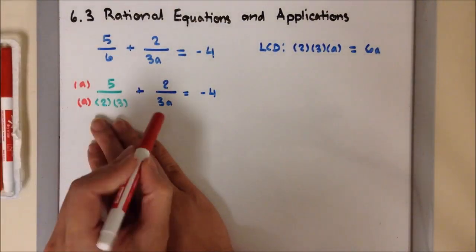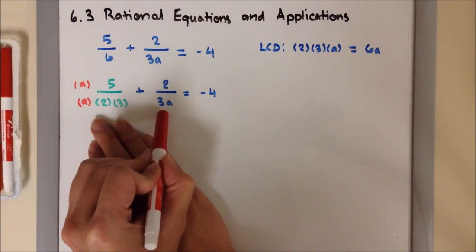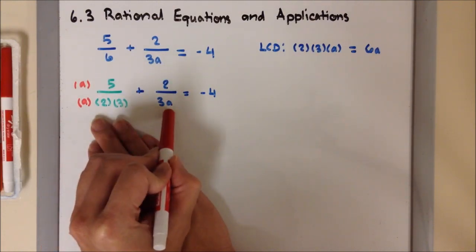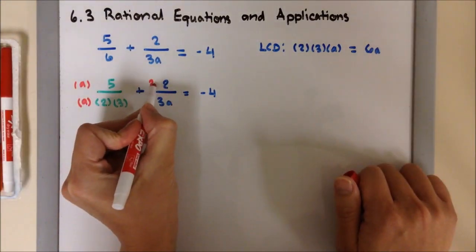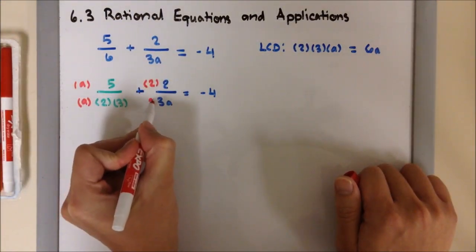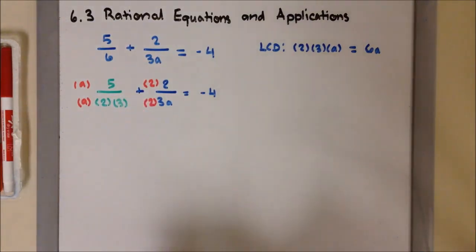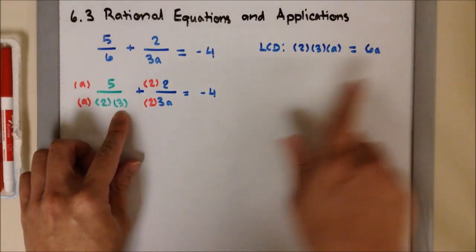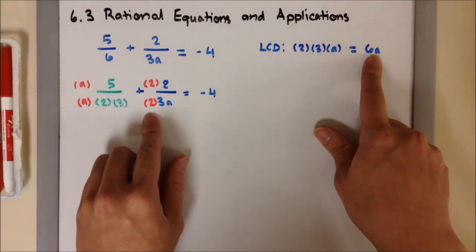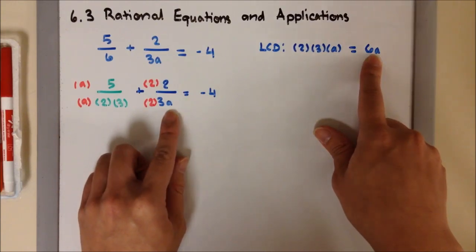Now the second fraction has a 3 and an a, but it's missing that 2. So I'm going to multiply the numerator and denominator by 2. Now a times 2 times 3 is 6a, and over here, 2 times 3 times a is also 6a.